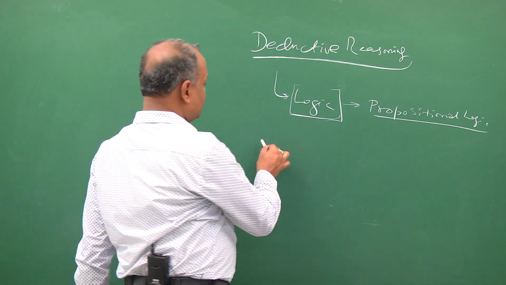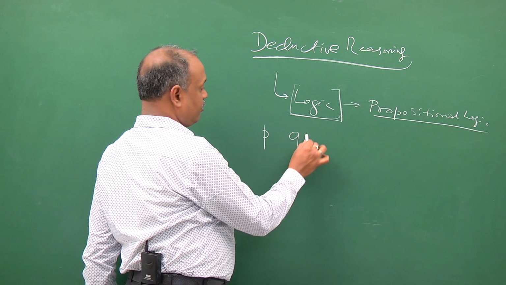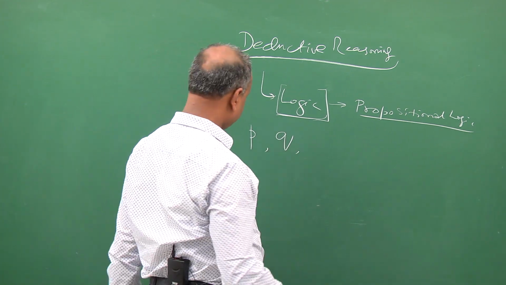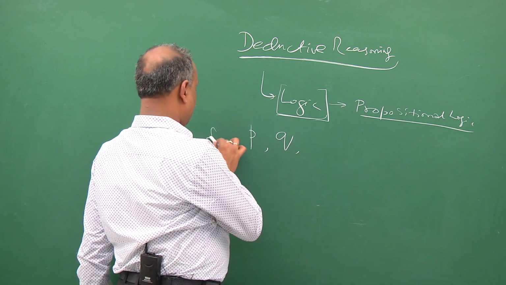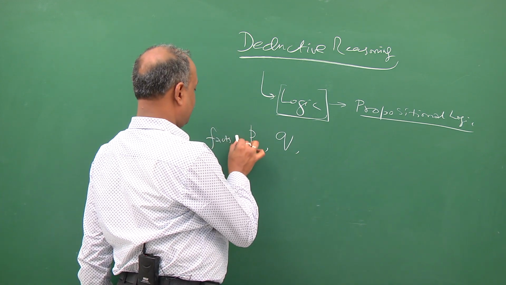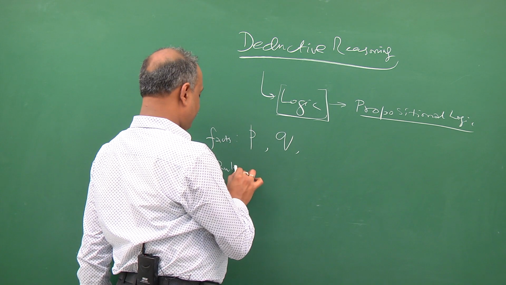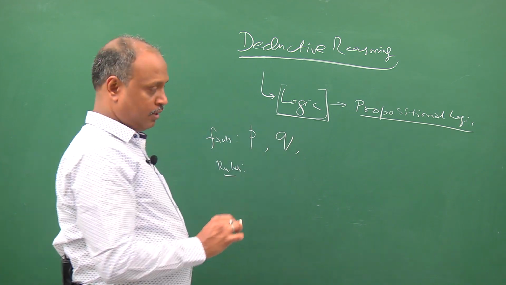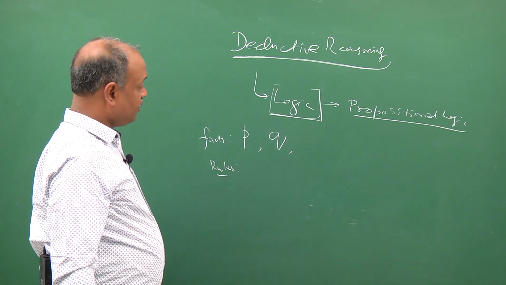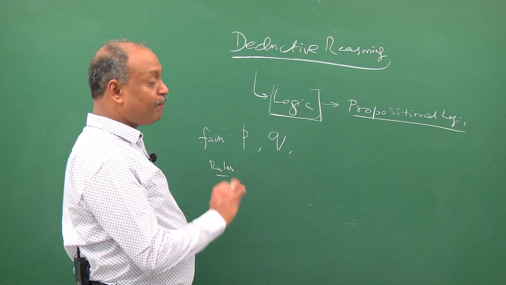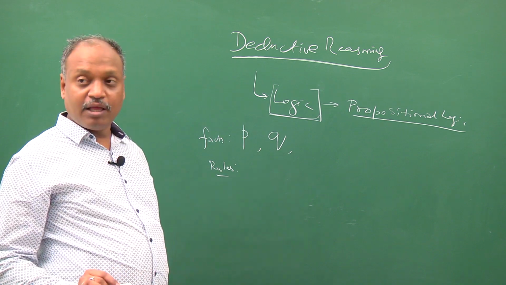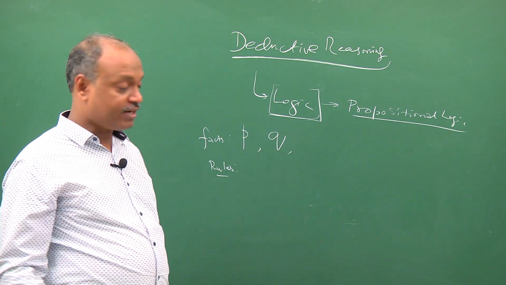The basic idea is you have notions of variables which represent facts. Then you have standard rules which say that if some pattern of input facts is obtained, then we can derive new facts.